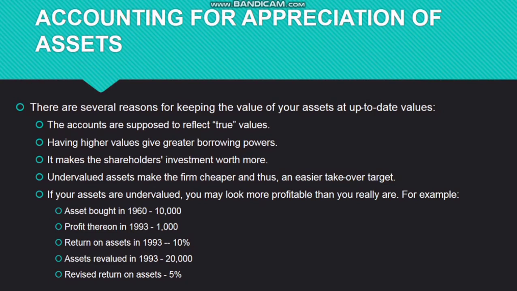For example, an asset bought in 1960 for 10,000, with profit in 1993 of 1,000, gives a return on the asset in 1993 of 10%. If the asset is revalued in 1993 at 20,000, the revised return on the asset is 5%. Next, please.